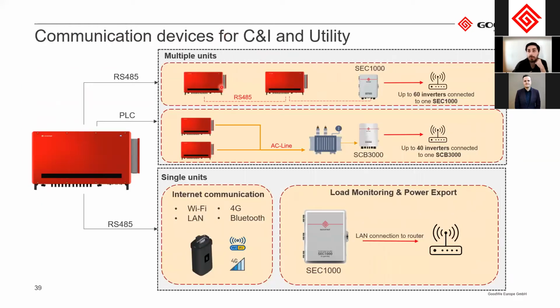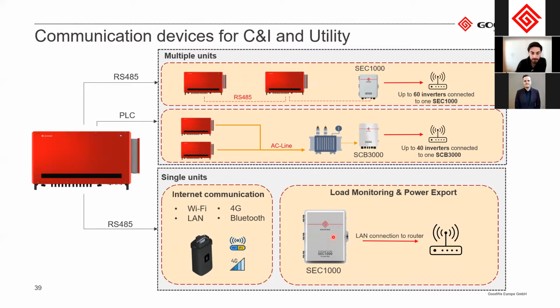Here you can see the different communication options for our CNI inverters. This one I hope you recognize from the previous one. So here you see the different internet communication. For load monitoring and power export limit, you will need a different box. This is called SEC 1000, and this is the one where you can have larger CTs.